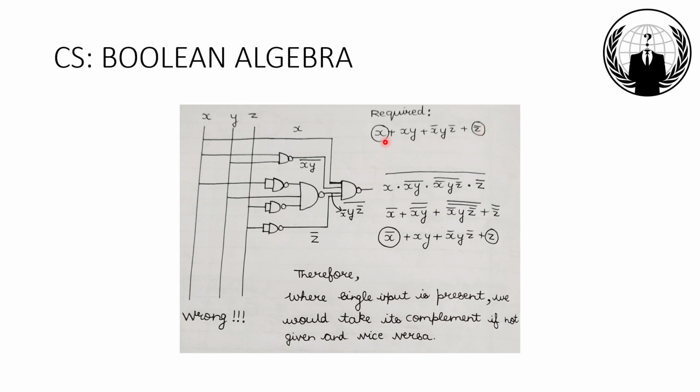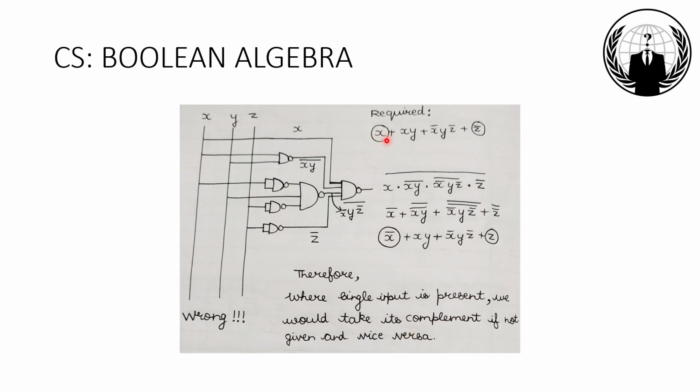So we can see that in the question, the variables over which the complement was given, we are not getting it, and where a single input is present, we are getting its complement where it is not mentioned in the question. So this is a wrong circuit diagram. Therefore, focus on these words: where a single input is present, we take its complement if not given, and vice versa.